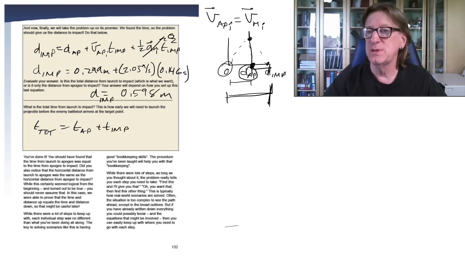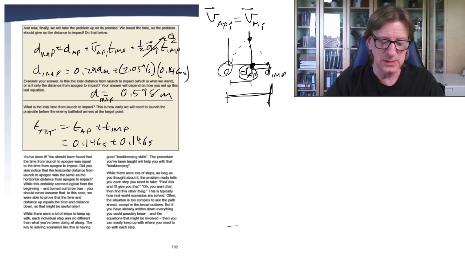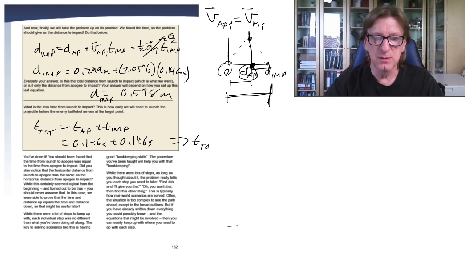And yes, we did guess that they were probably the same, but they don't necessarily have to be. So this then was 0.146 seconds plus 0.146 seconds. And so 0.146 plus 0.146 tells me that my T total, my total flight time, was 0.292 seconds.